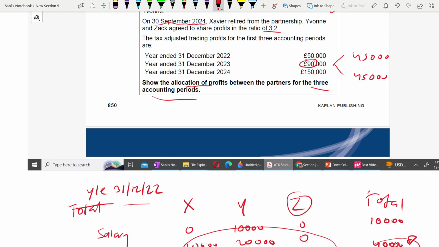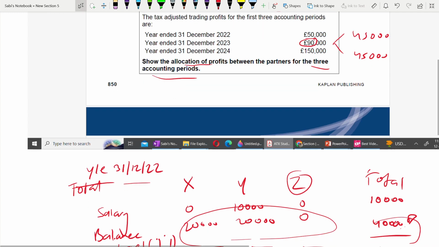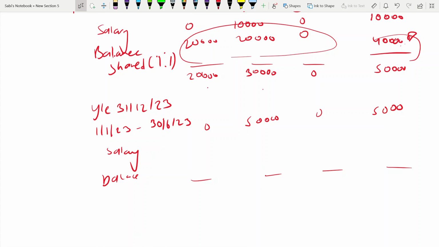From Jan to June, it will be 45, and from July to December, it's 45. 45, 45 makes 90. So this time, it will be 45,000 here. So here, the balance, 40,000. This 40,000 will be divided equally, 20,000, 20,000, and 0. So here 20,000, right? So don't write anything here, just keep like this because this is in the half year.